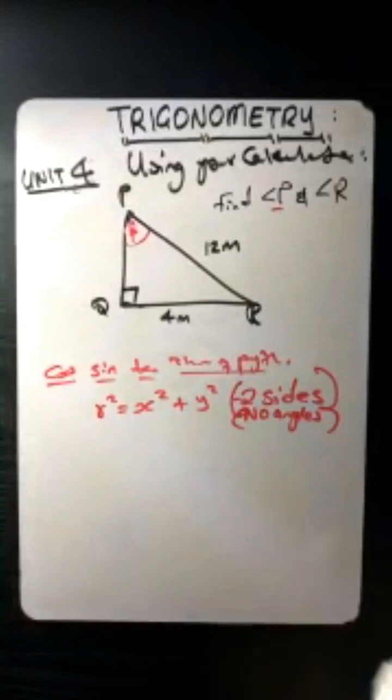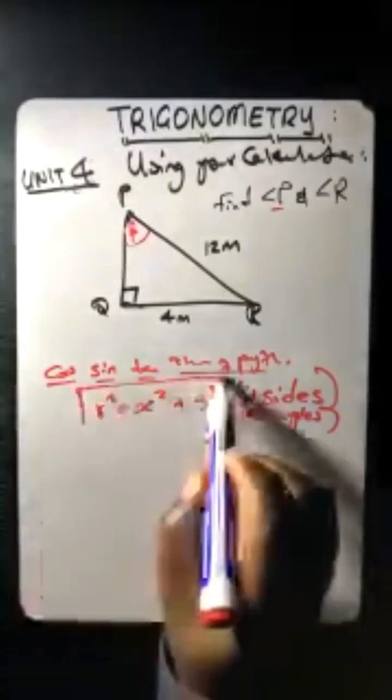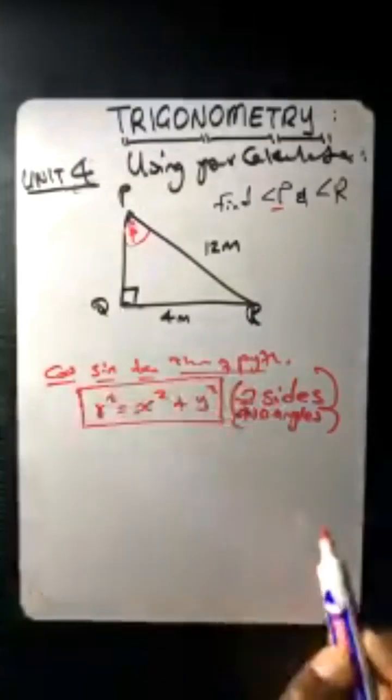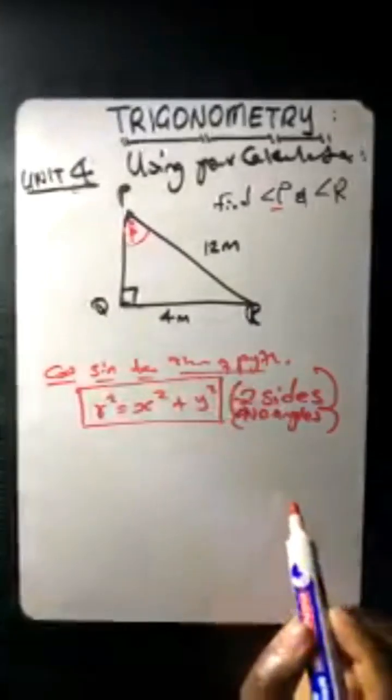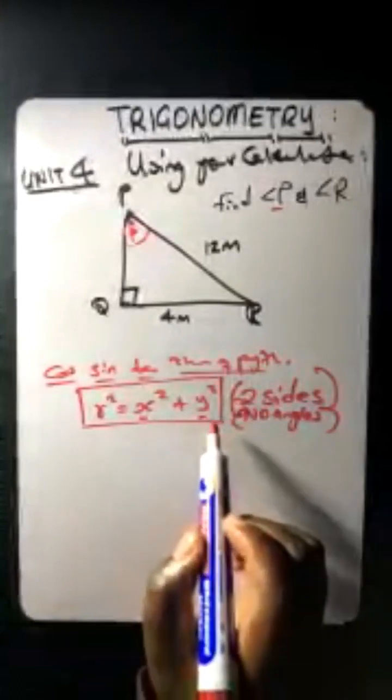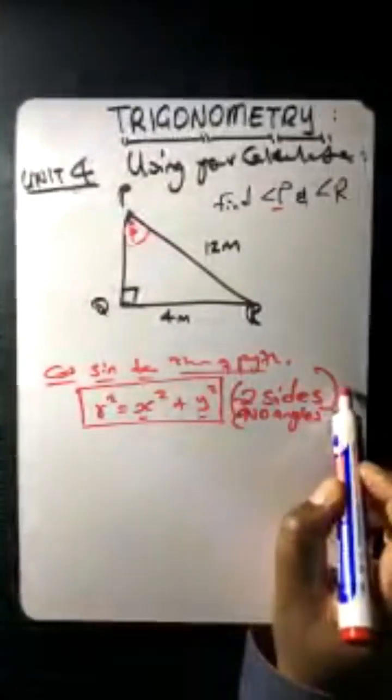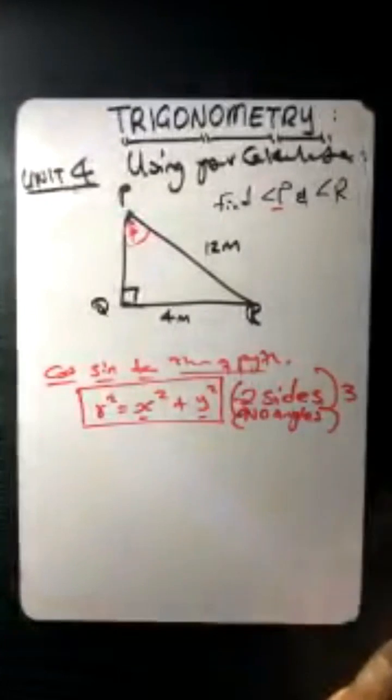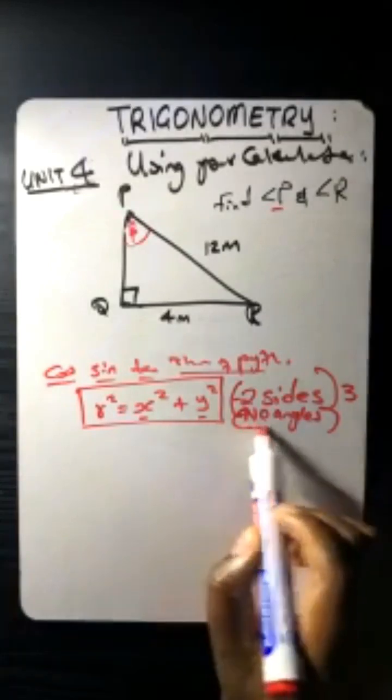Always remember the theorem of Pythagoras only if you know 2 sides. For example, you know this side and you know that side. That means you use it to calculate side number 3. And also, if they don't talk about angles, that's when you remember the theorem of Pythagoras.